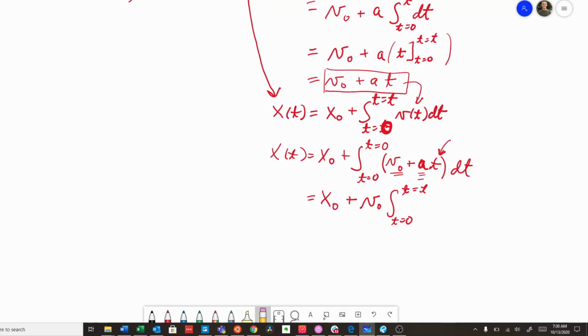Boy, I messed up here. The upper limit should have t equals t there. Of 1 dt plus, I can take out a as well and do this antiderivative from t equals 0 to t equals t of t dt.